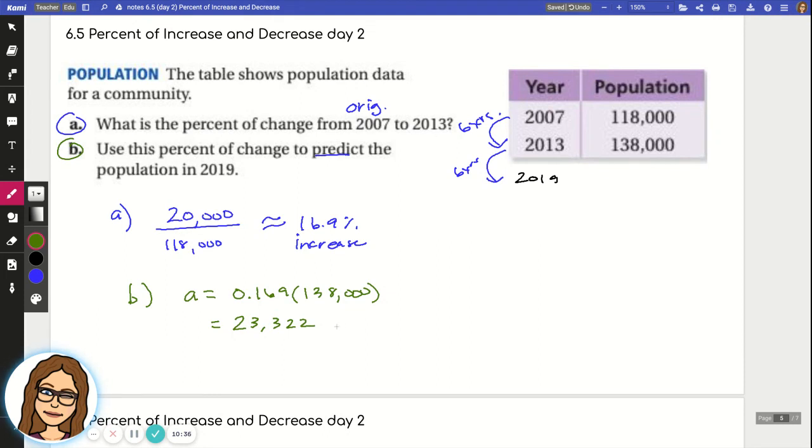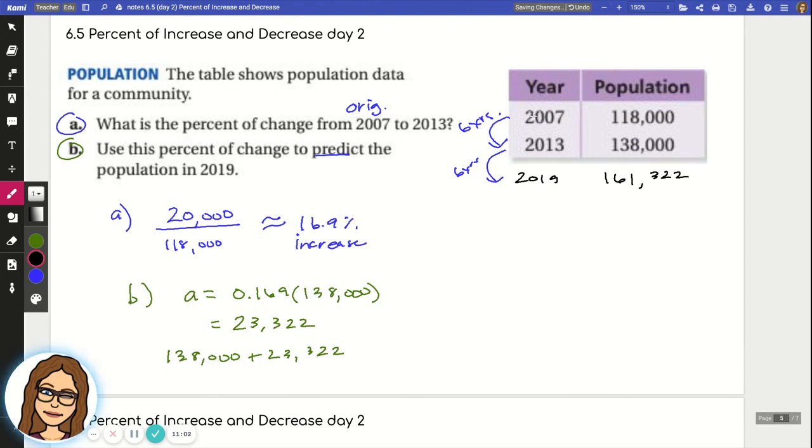So this is going to be the increase of population. I need to take this number and add it to the existing population, and then that will give me our estimated population for 2019.